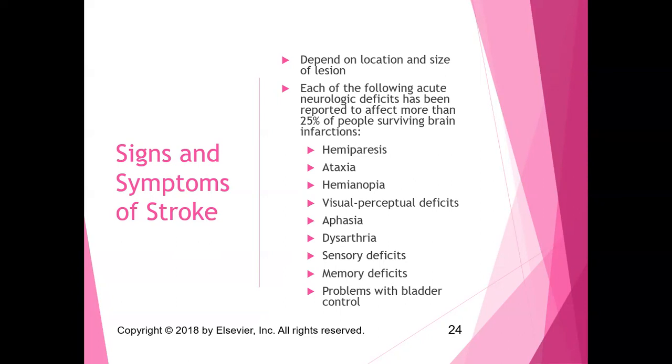Visual perceptual defects, probably visual and somatosensory cortex are involved. Aphasia, it can be any parts of the speech, motor speech areas like Broca's, it could be dysarthria. We'll talk about some other types of aphasia. Sensory deficits, if the somatosensory system is involved. Memory deficits, if the memory system is involved. Problems with bladder control, interestingly enough, are associated with damage in the frontal lobe.